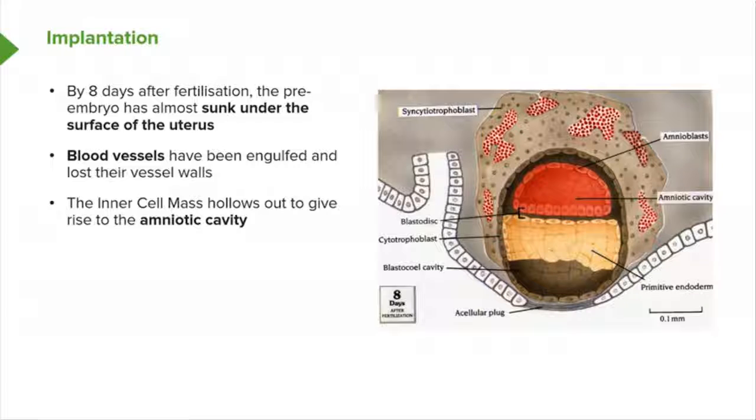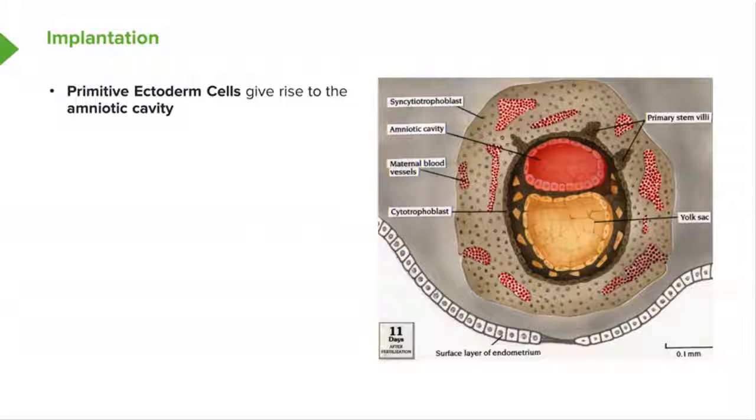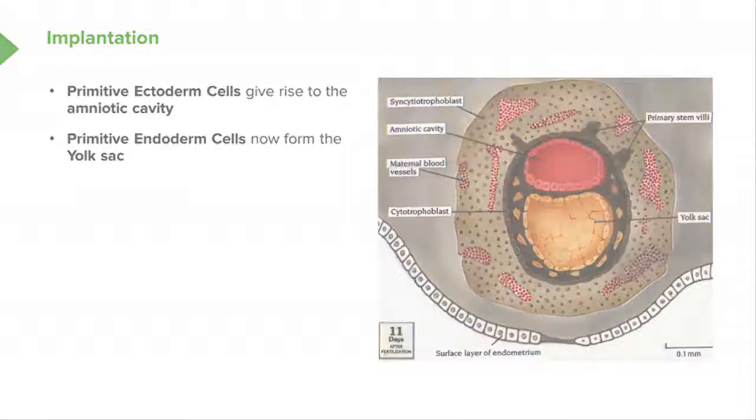Equally, if we look at the yellow primitive endoderm cells, they're beginning to move round the inside of the trophoblast shell, and eventually they'll meet and they'll form another structure. So we can look at that in another diagram, and here you can see the primitive ectoderm is forming the amniotic cavity, and the primitive endoderm, marked in yellow, has formed an endoderm cavity that closed over, and that will be the yolk sac.